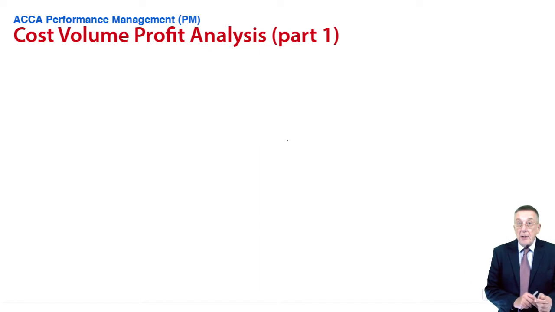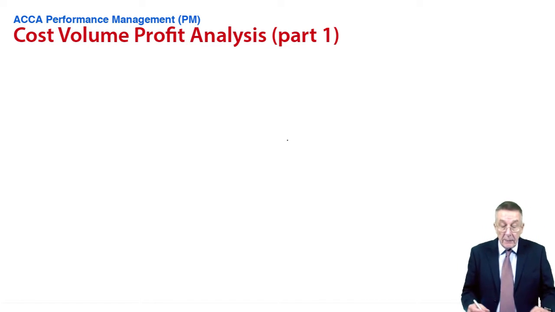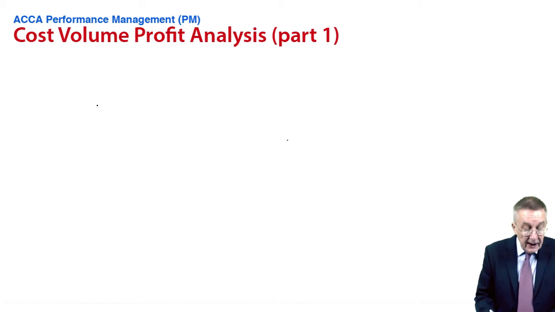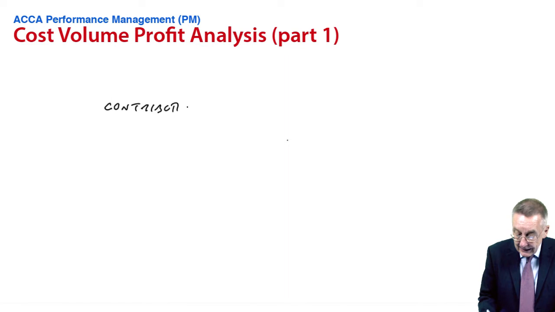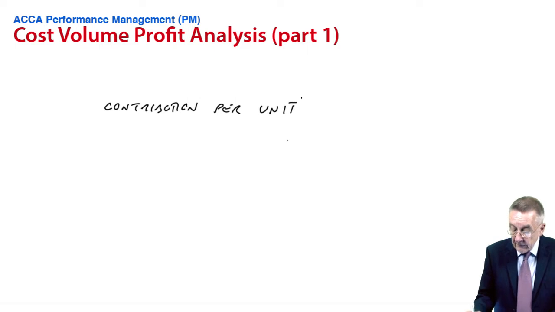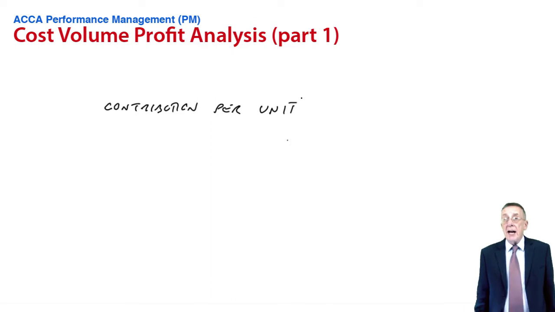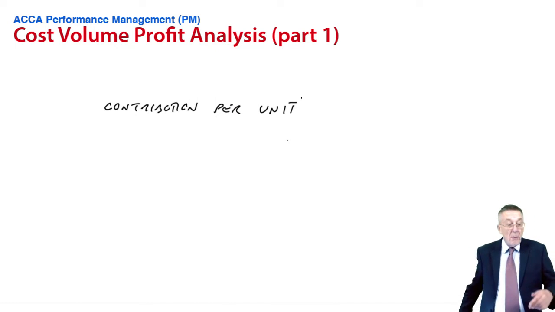Well, that should be no problem. Several ways you can get it, but I think the most efficient, and especially because of what's coming later, is to say, okay, the contribution per unit. I made sure in an earlier lecture you were clear what we meant by contribution.